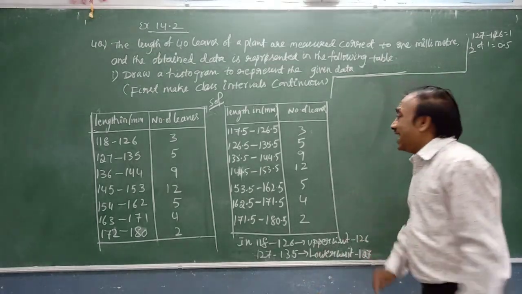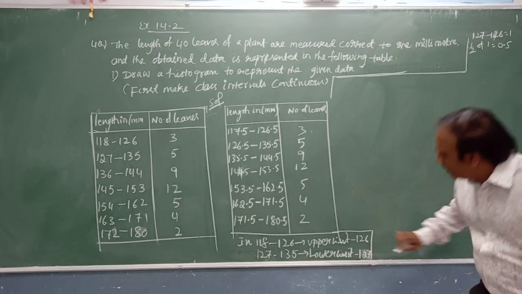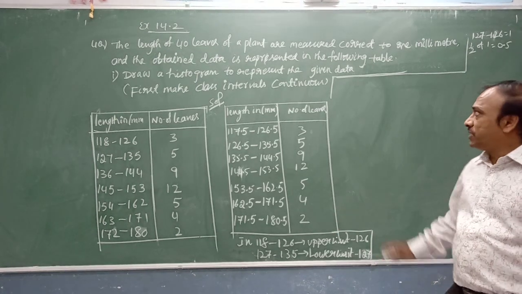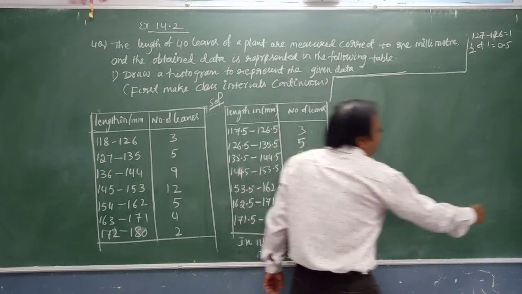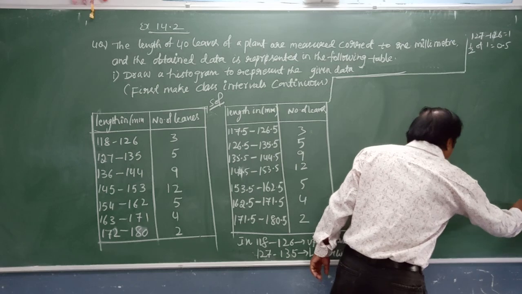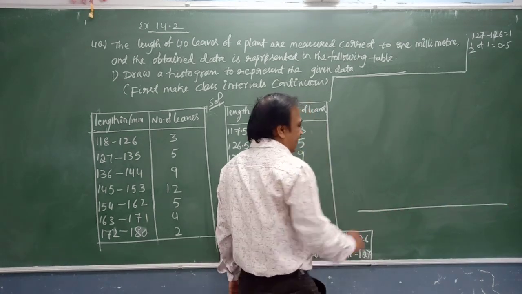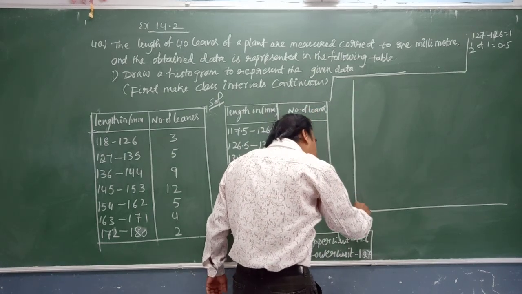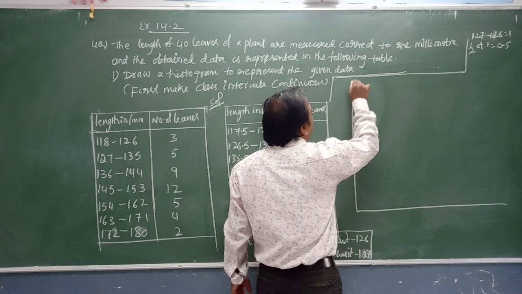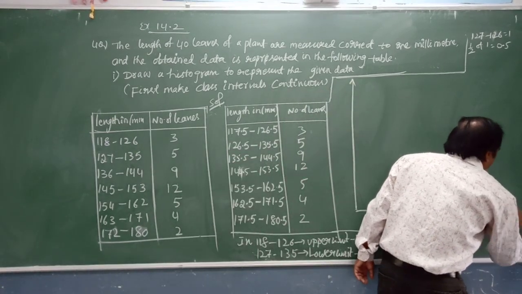We need to take the values on the x-axis and y-axis. Observe the data carefully. Here I am taking the x-axis and here the y-axis. The horizontal line is called the x-axis and the vertical line is called the y-axis.